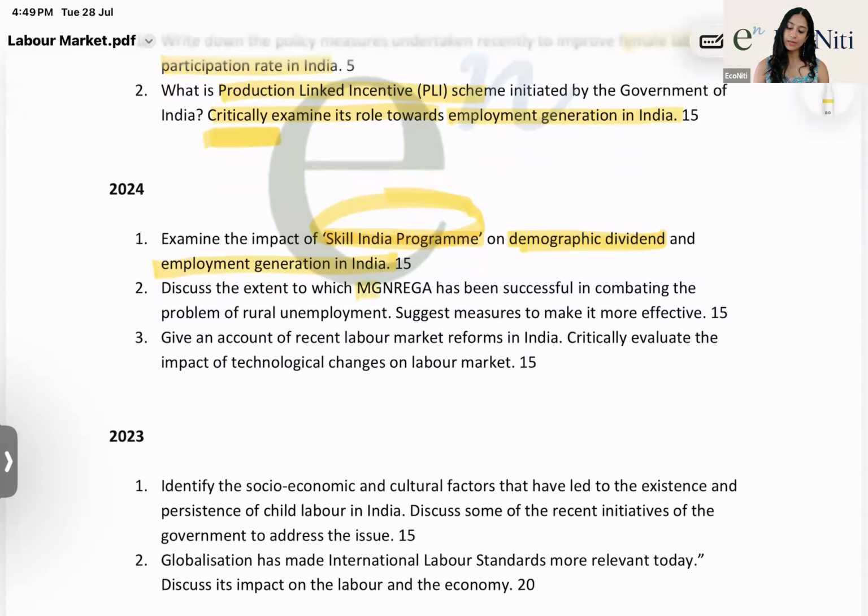Discuss the extent to which NREGA has been successful in combating the problem of rural unemployment, and suggest measures to make it more effective. Right over here, you have to recognize that NREGA का impact है rural employment generation पे, but NREGA is not about employment. NREGA is mainly about poverty management.